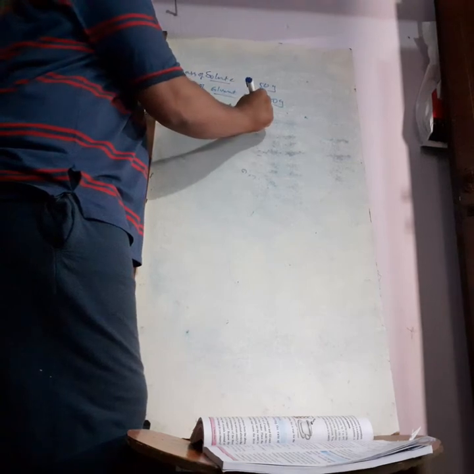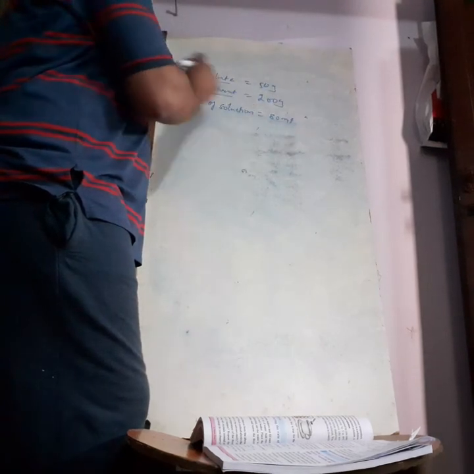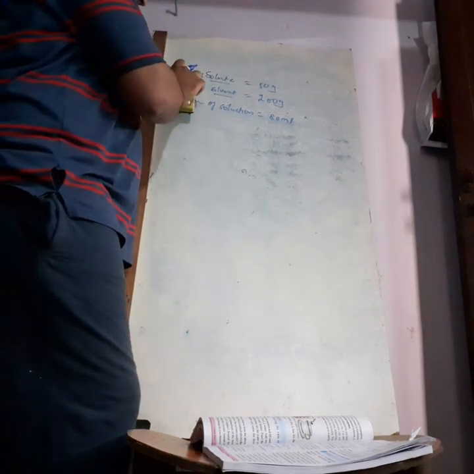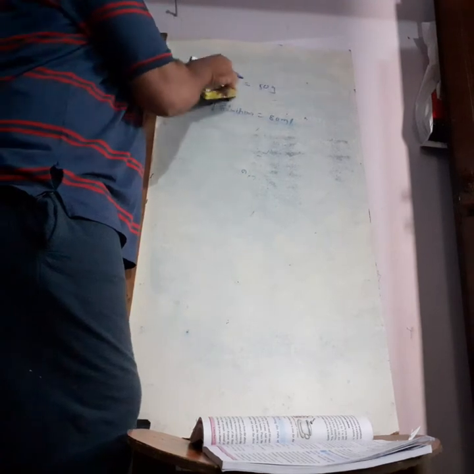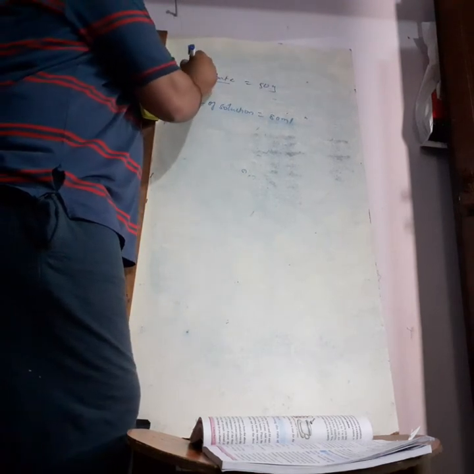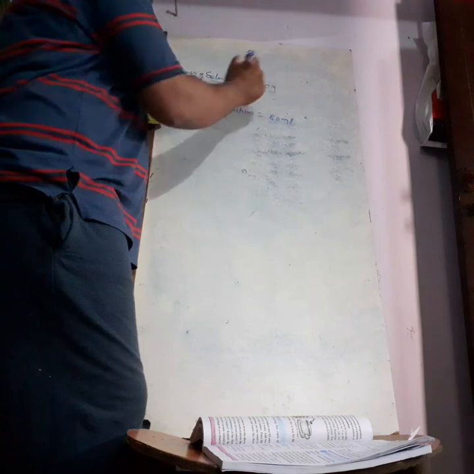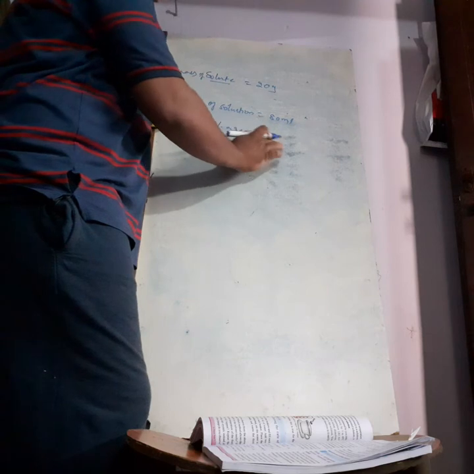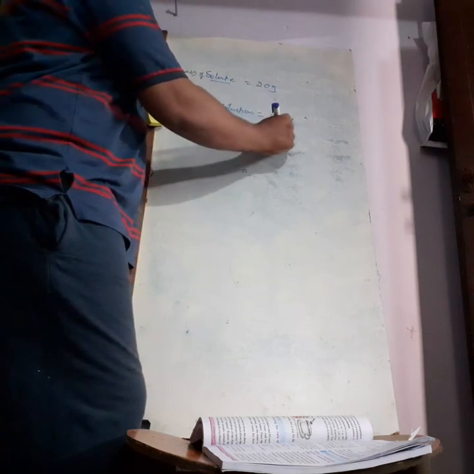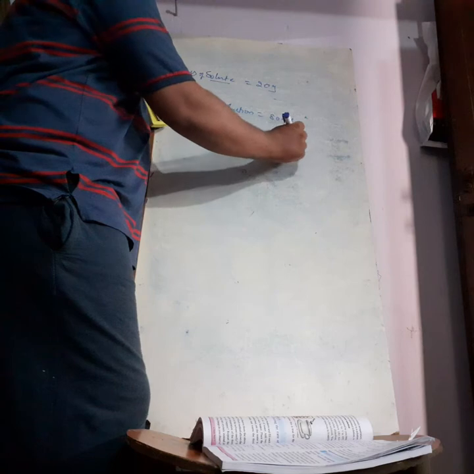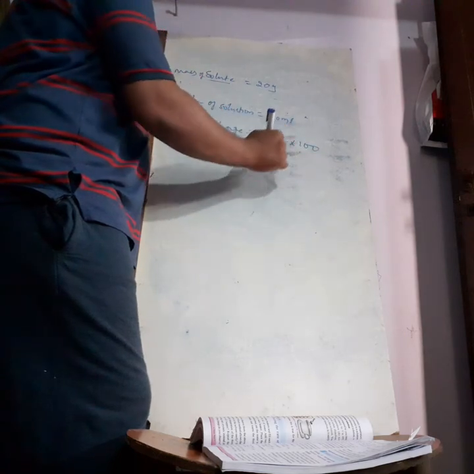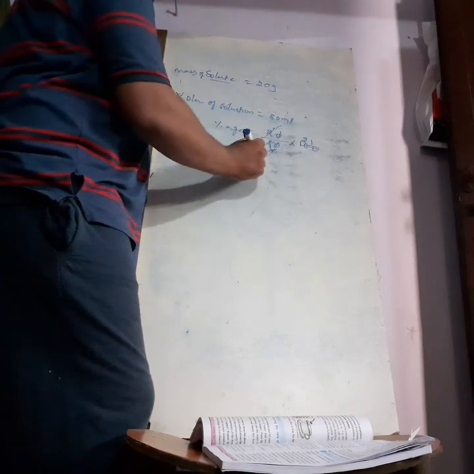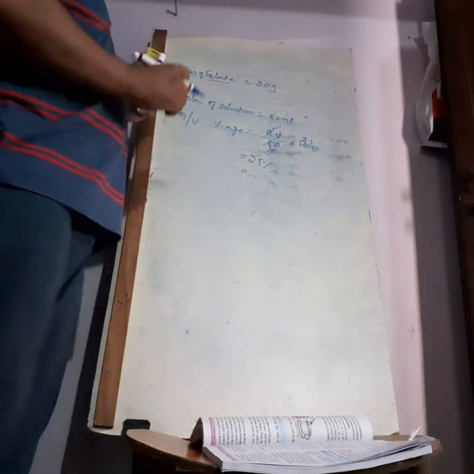Volume of solution is given as 80 ml, and again the mass of the solute is given as 20 grams. We need the mass by volume percentage, which is mass of the solute by volume of solution into 100. Cancelling, the answer is 25%.